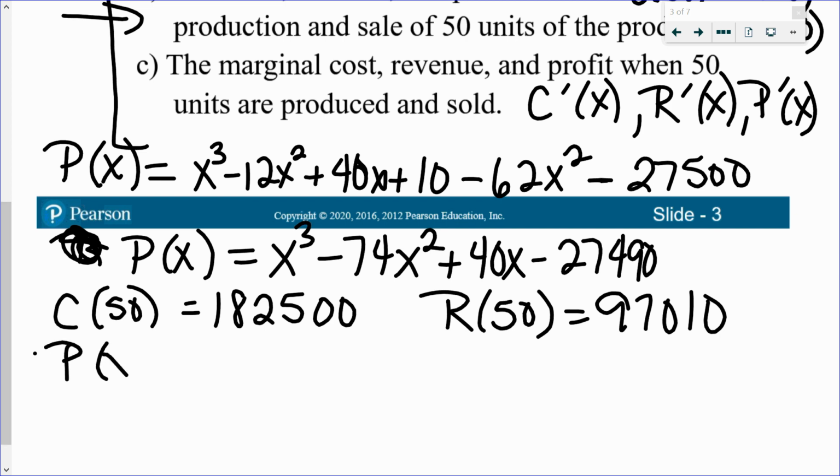Okay, so P of 50 is negative 85,490. Okay, so that is just old school plug and chug.